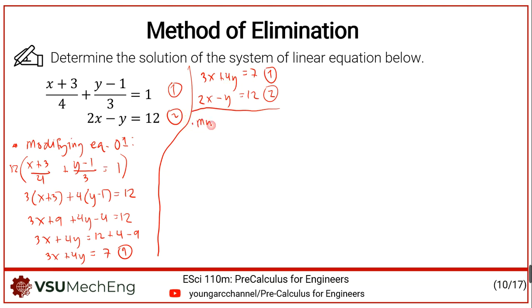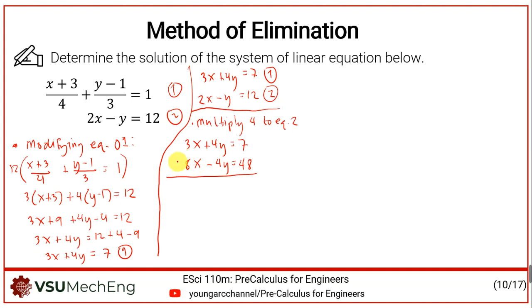So the next step is to multiply 4 to equation 2, so that the system of linear equations becomes 3x plus 4y equals 7 and 8x minus 4y equals 48. In this form, we found that the y terms for both equations have the same coefficient magnitude, that's 4, and they only differ in sign.